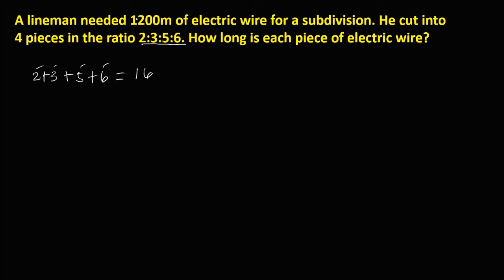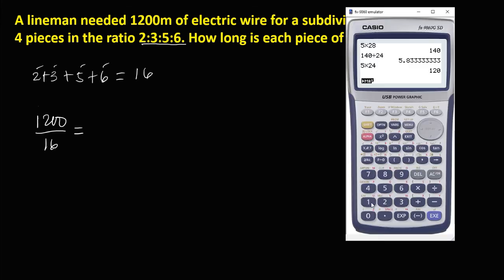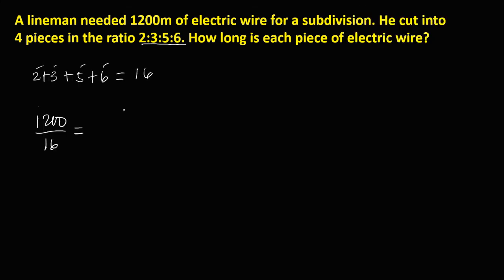Then divide 1,200 meters by 16. 1,200 divided by 16, that's 75. So this 75 is just one part.